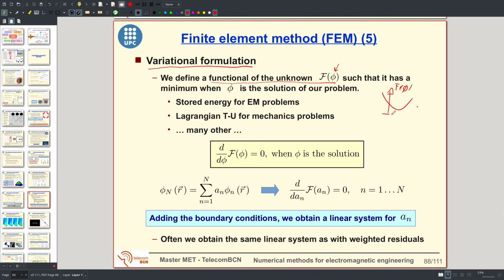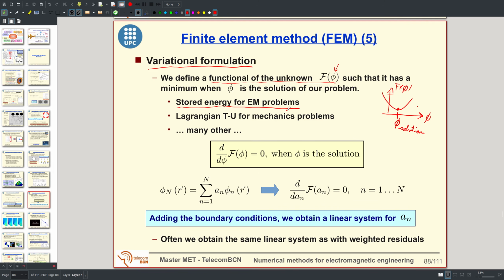Here we have the unknown. Of course, this is an infinite dimensional space. I just make the drawing in one dimension for clarity, but it is infinite dimensional. The functional of the unknown has a minimum where the unknown is the solution of the problem. For example, imagine that this functional is the stored energy in an electromagnetic problem.